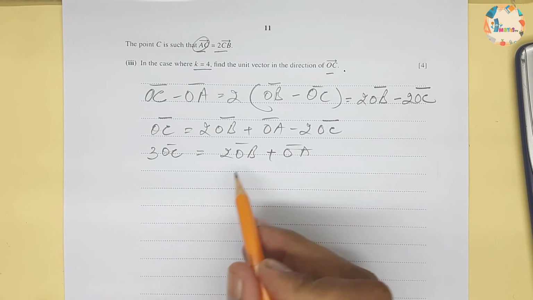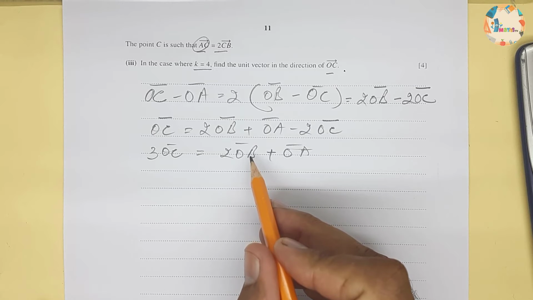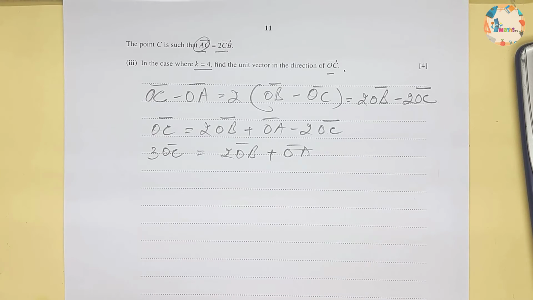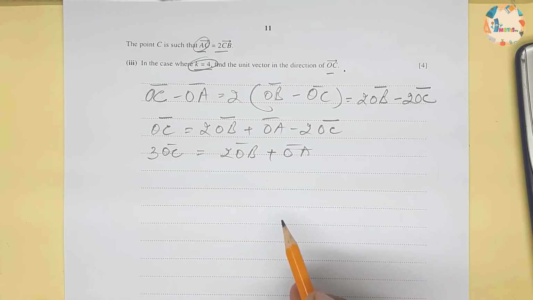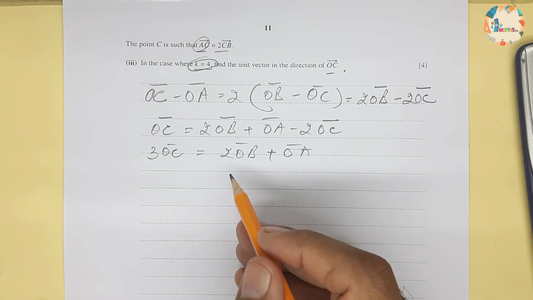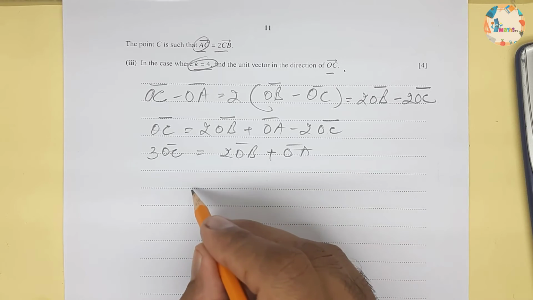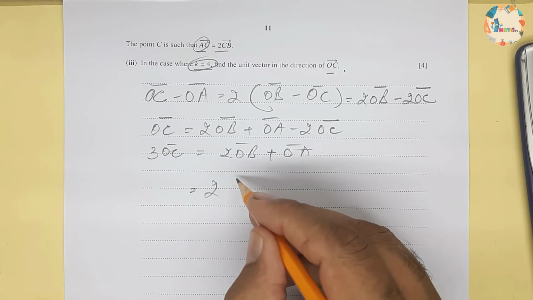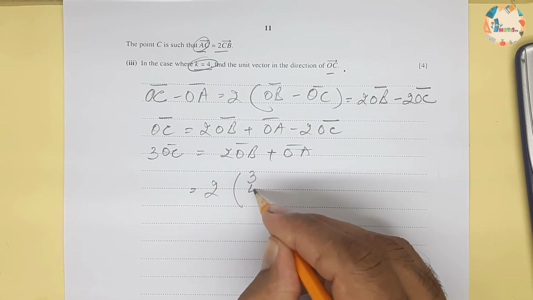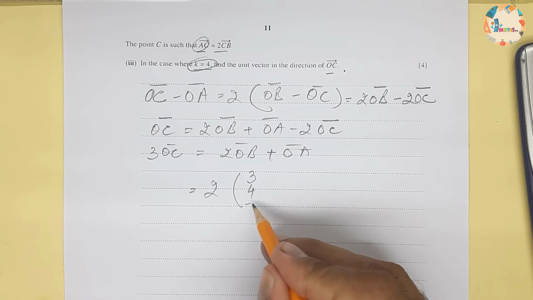And OB is basically provided, which is 3, k and minus 3, and the k value they have provided in the question, which is 4. So we will write here OB will be 3, k value is 4, and minus 3.